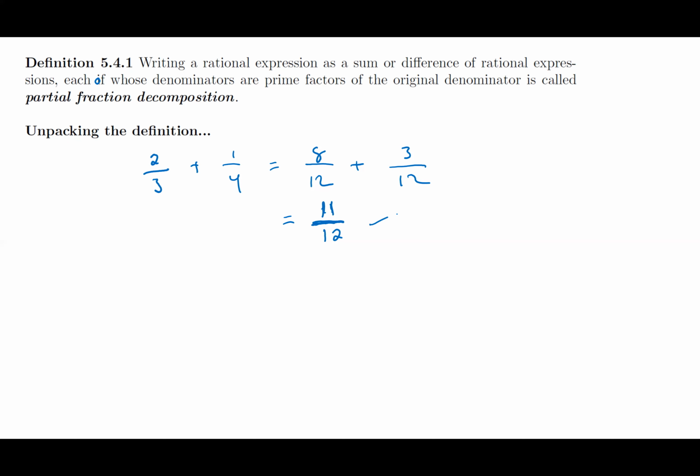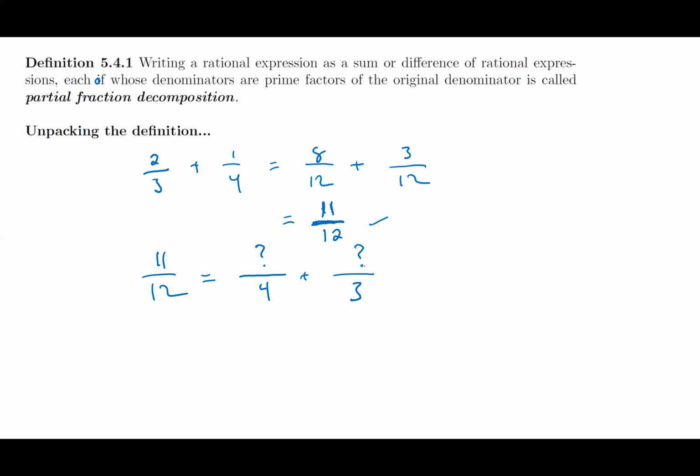I apologize for that. Partial fractions essentially says this. Suppose we have 11/12, and we want to write that as a sum. And the question then is, what goes in each of these numerators?